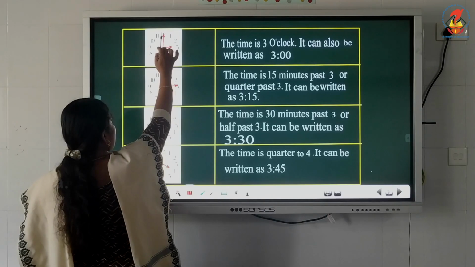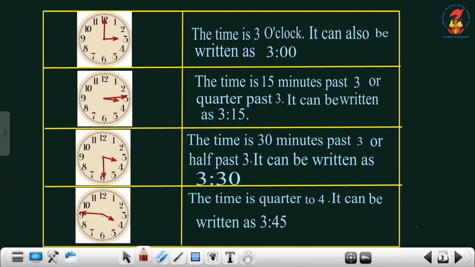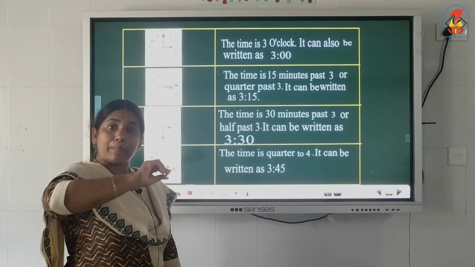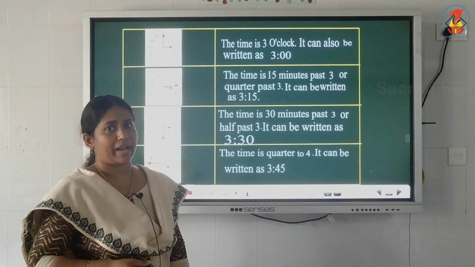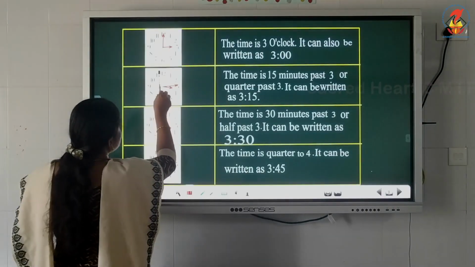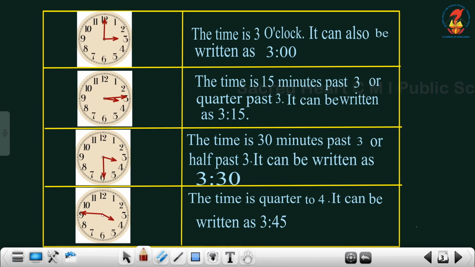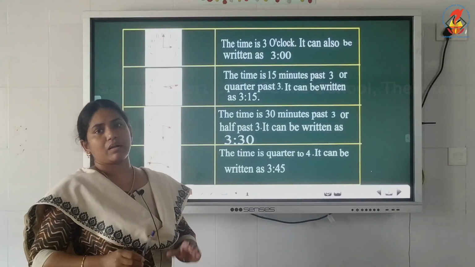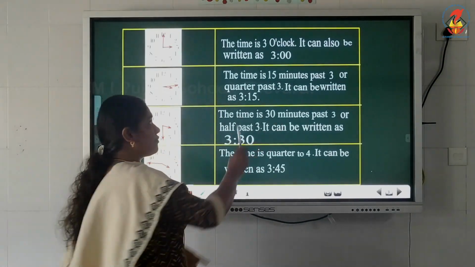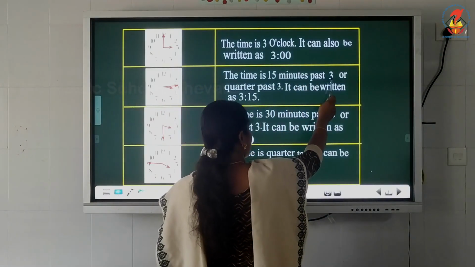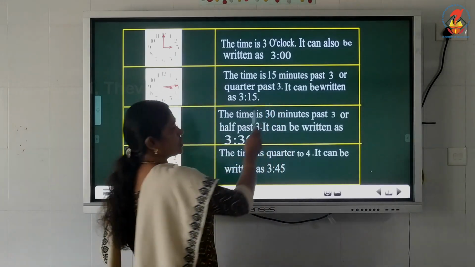From this 12 to this 3, our minute hand covers a quarter of our clock. Is it? It passed a quarter. We studied what a quarter is in our fractions. Is it? So here from 12 to 3, our minute hand passed a quarter of the clock. So we can say quarter past, 15 minutes past 3, or quarter past 3.